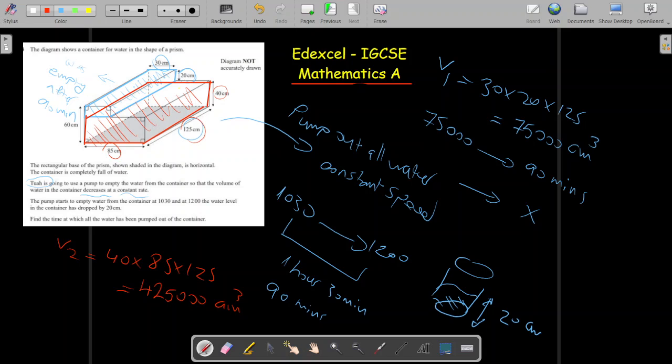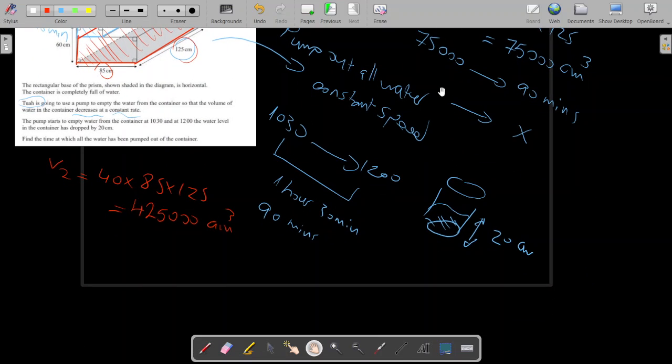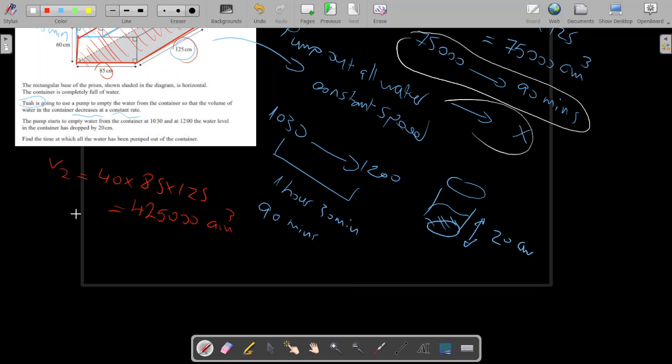Now you need to do a cross multiplication between both of them. I make it easy for you. We'll say 75,000 was emptied after 90 minutes. It means how much time do I need to empty this amount?